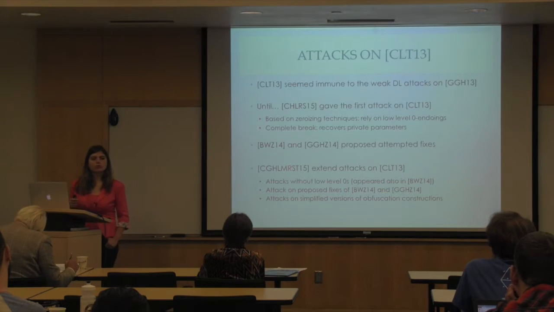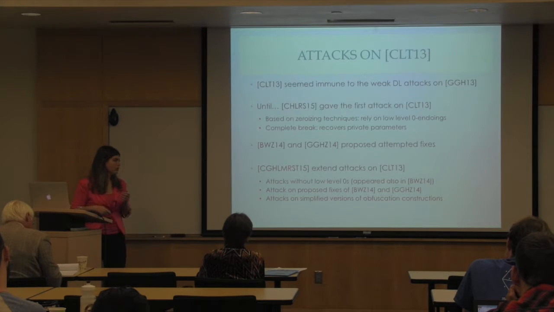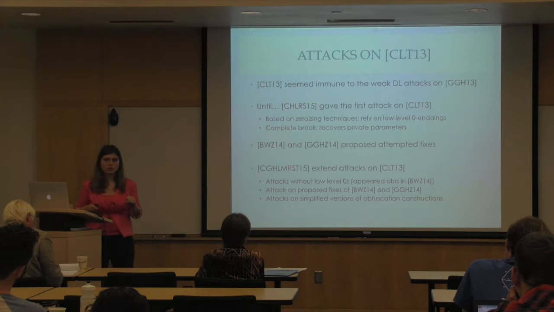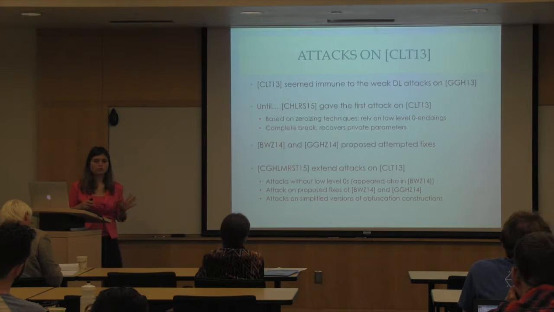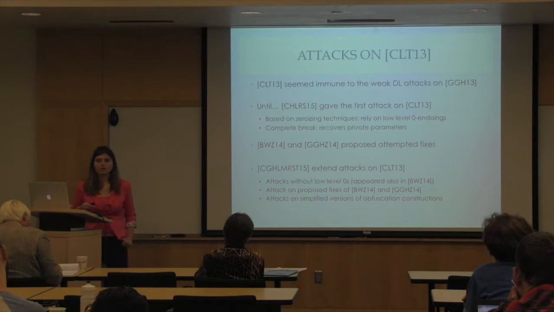And we also showed that these attacks could be generalized to break some simplified versions of obfuscation constructions. So here, simplified is very important because they don't correspond to any of the real constructions of obfuscation, and any of the actual constructions are not susceptible to our attacks. But if we simplify, then we can actually mount attacks.